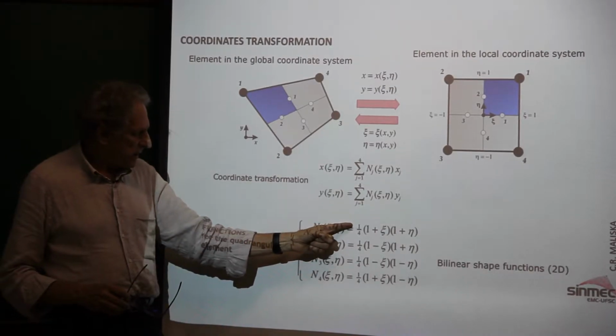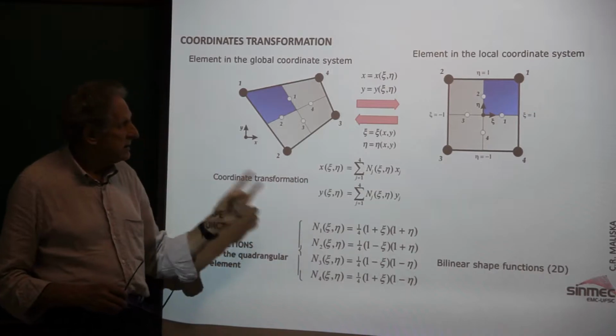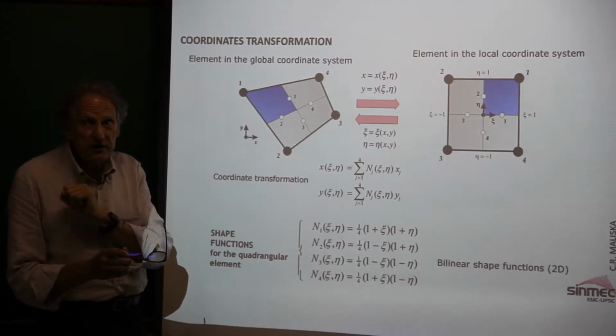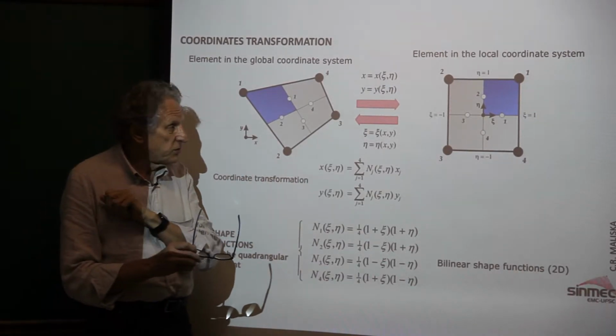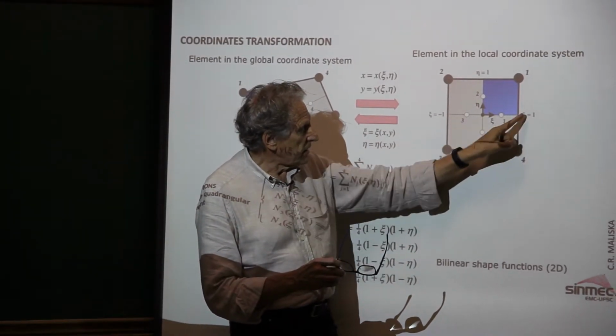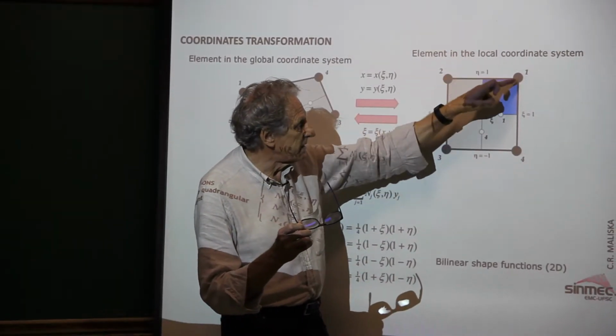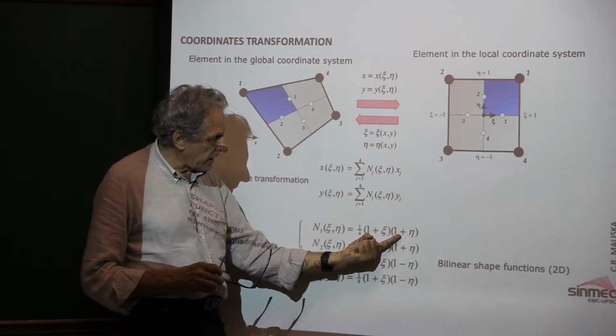And they are 1 over 4, (1 plus xi), (1 plus eta), N1. It's easy to construct the shape functions because point 1 is at xi 1 and eta 1, so they are plus and plus here.